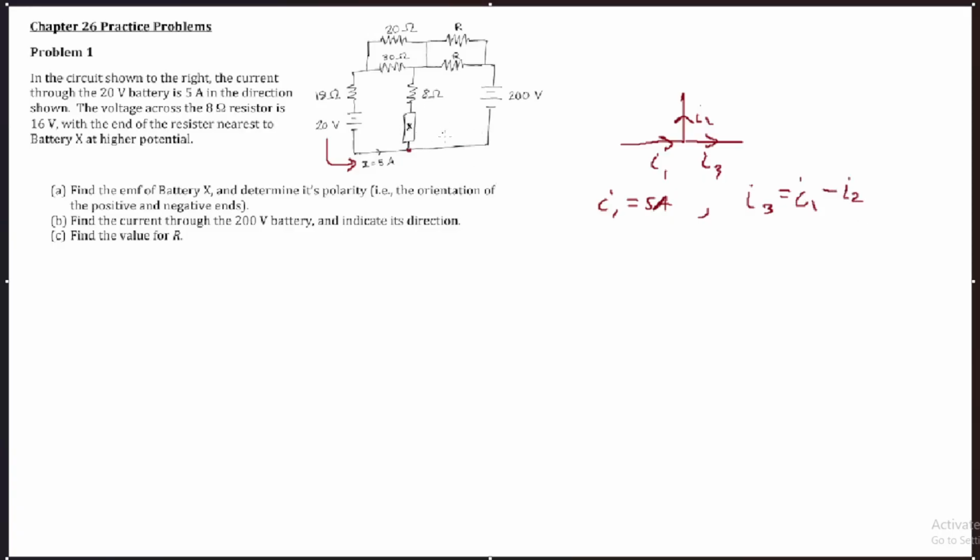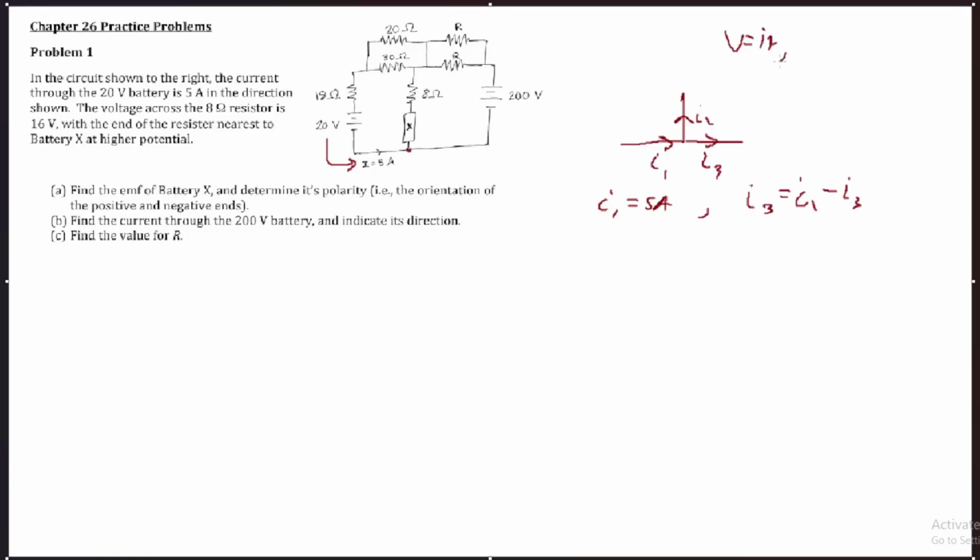And then we can solve for I2 here, because of the current that flows through this middle part right here. We're given the voltage across the 8 ohm resistor is 16 volts. So we can solve for the current flowing on this 8 ohm resistor. We can use Ohm's law.